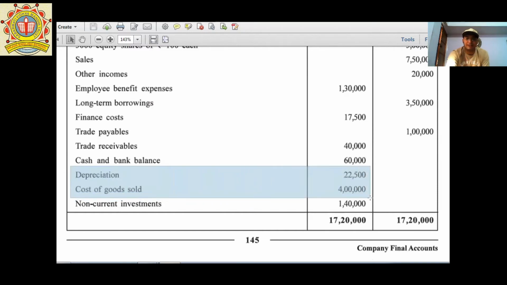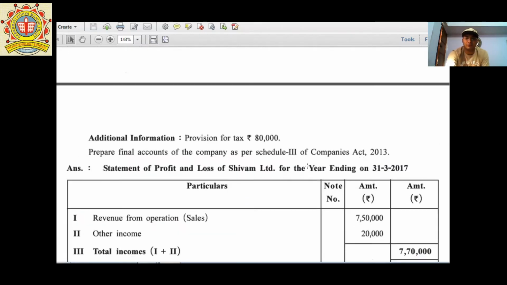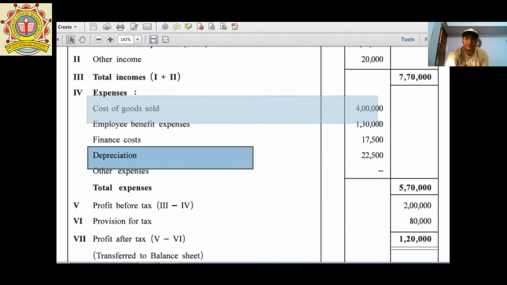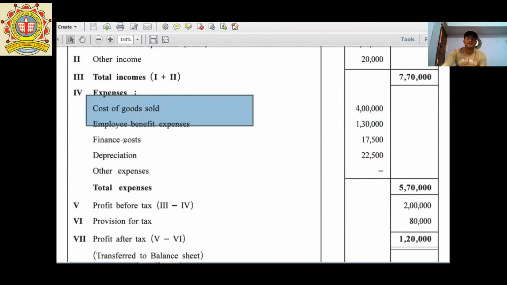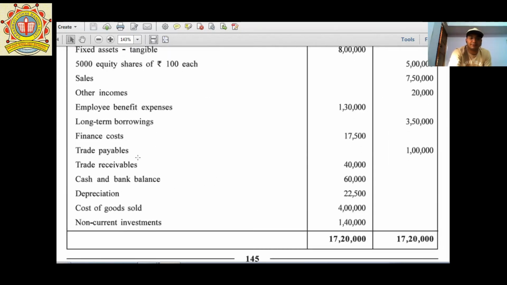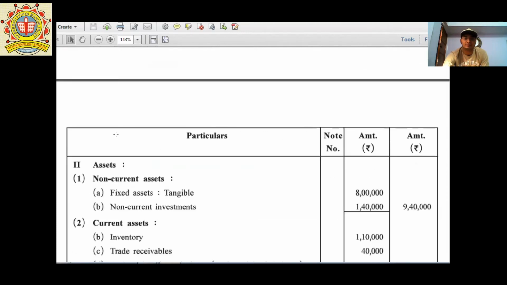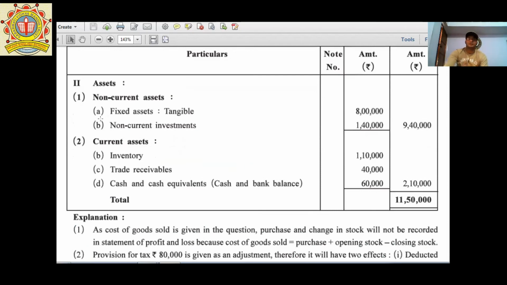Both are part of the P&L account, depreciation for 22,500 and cost of goods sold 4 lakh. So this format that we have already prepared, we just have to put in the amounts from the question. Then non-current investment is a part of assets. So under the head of non-current assets, there is non-current investment for 1,40,000. That's it.